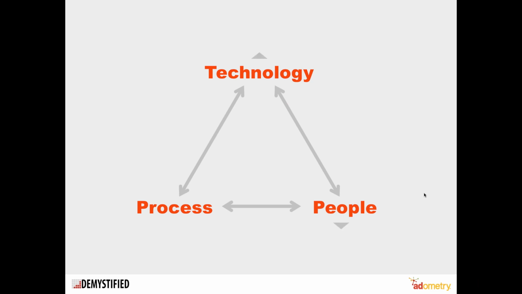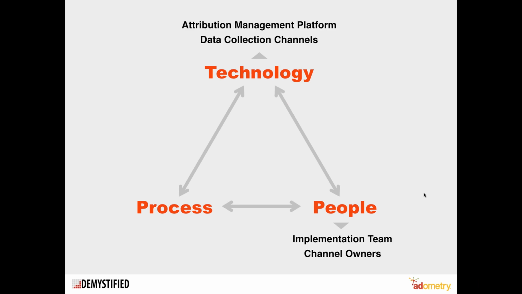So, stepping way back and talking about attribution management, what does it take to put it in place? Well, it takes the same thing it takes to do anything: people, process, and technology. If we drill a little deeper into each one of those, on technology you think, well, clearly it's the actual platform itself.